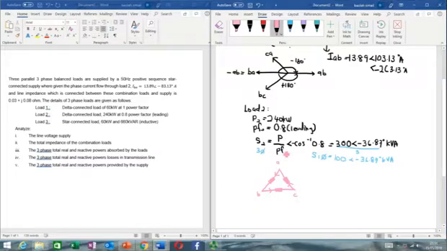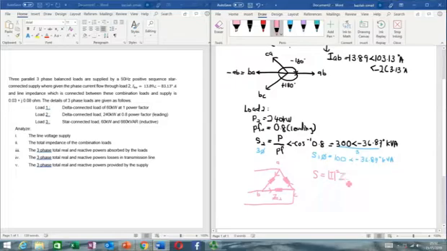So IBC is here. Now we need to calculate Z2. Using the formula S equal to I squared Z, since we have I and S, we can just use this equation.